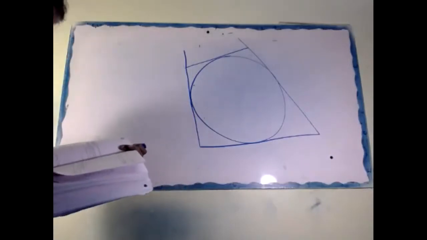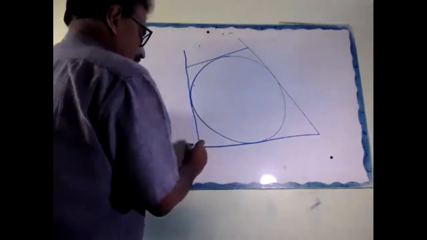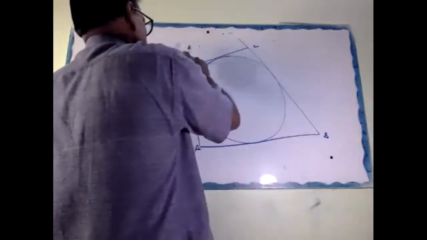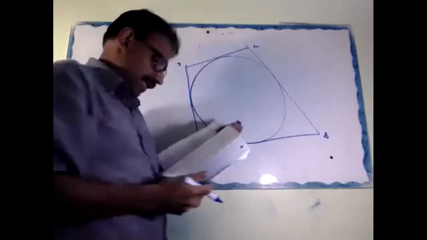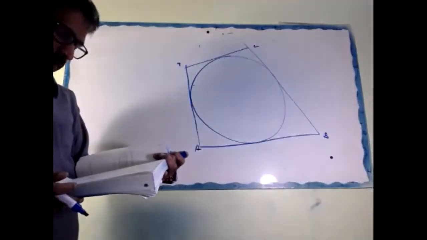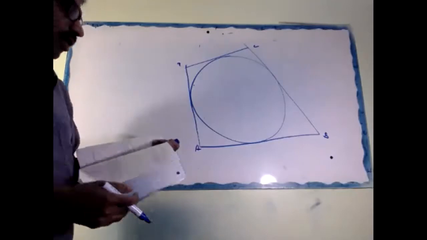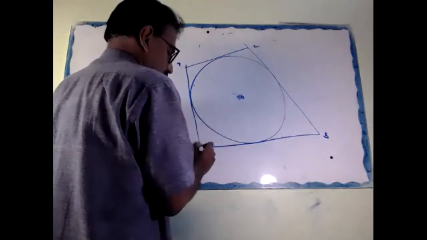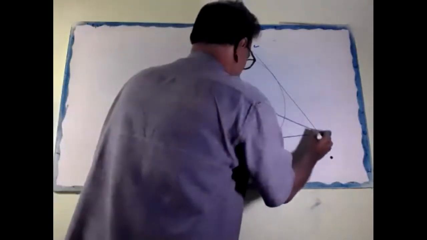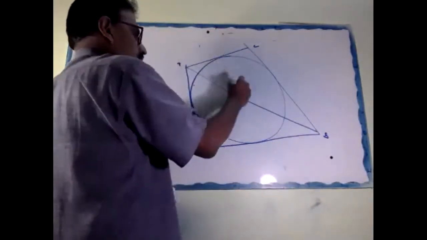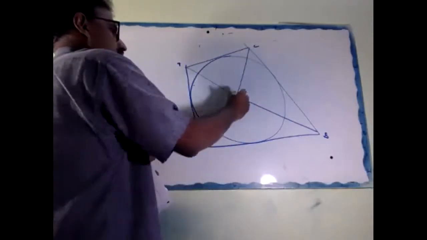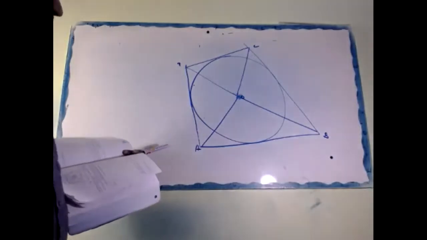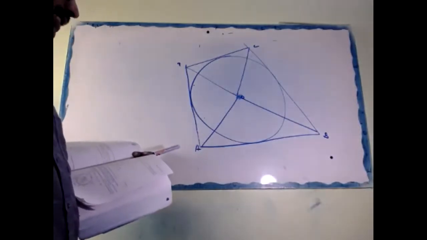Show that the angles subtended at the center by a pair of opposite sides are supplementary.